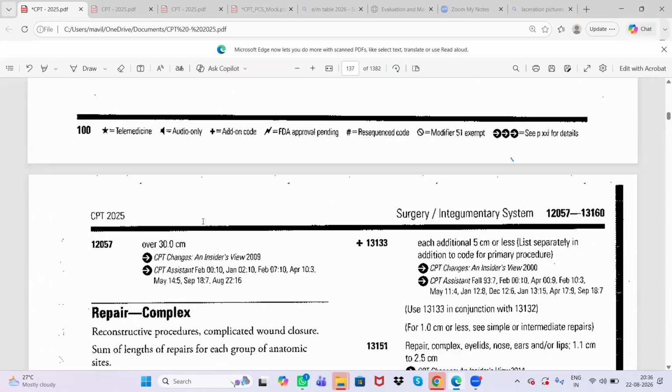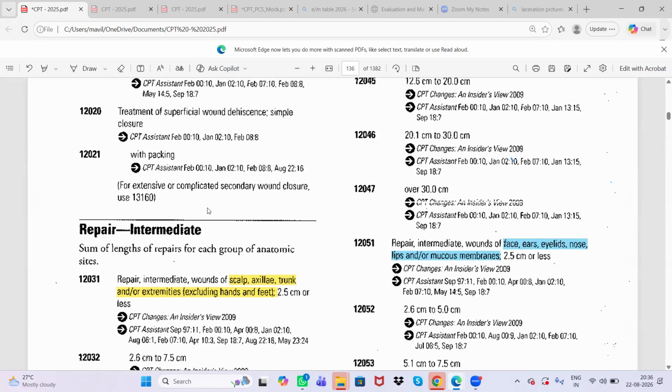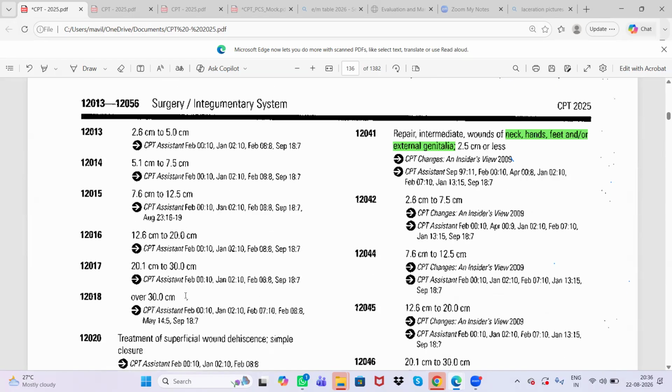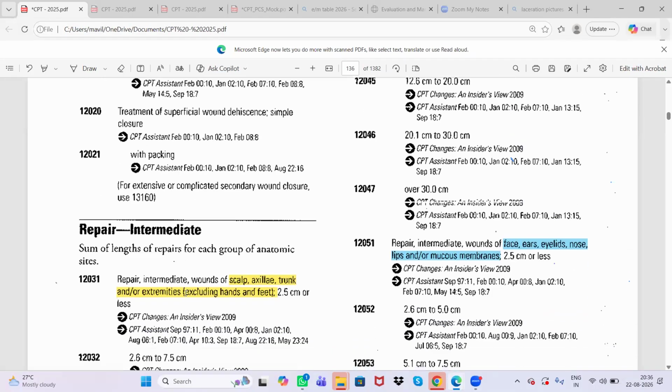I have one doubt, ma'am. Yes, Vaibhav, go ahead. If an intermediate laceration is performed on the wrist, then will we take extremity or hand? Here two codes are there.